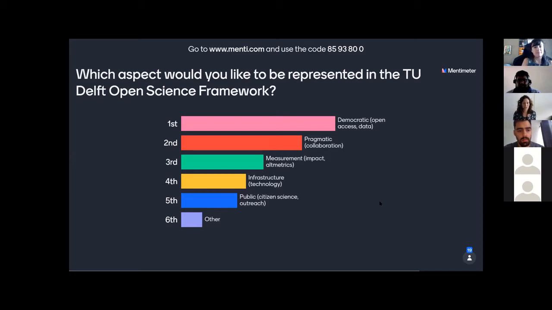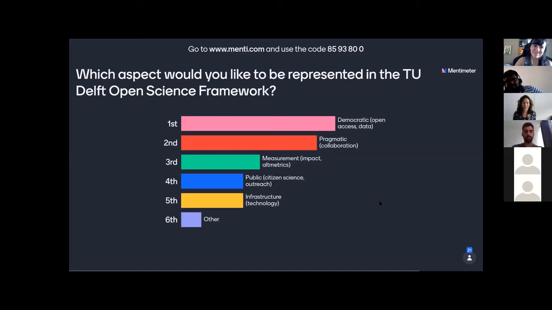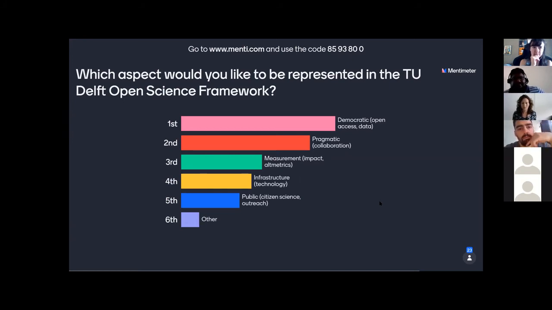Then collaboration is second, and the different measurements and impact studies are third. Okay, let's see if it's changing. It looks like infrastructure is coming up, the overarching part. Yeah, indeed, that's an important one for sure.